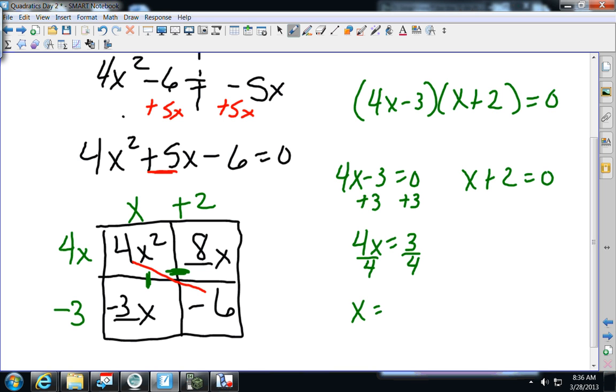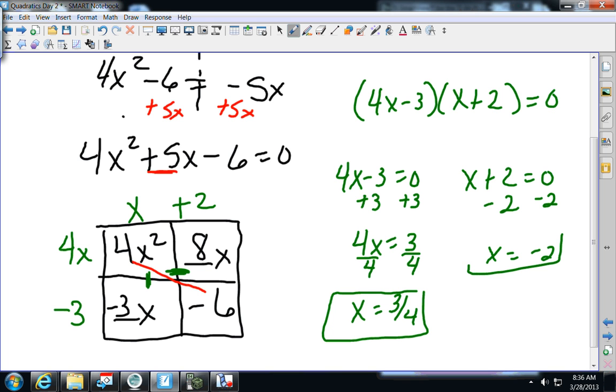X equals 3/4. Subtract 2 from each side. X equals negative 2. These are your x-intercepts. We call them roots. We call them zeros. That's just where they cross the x-axis.